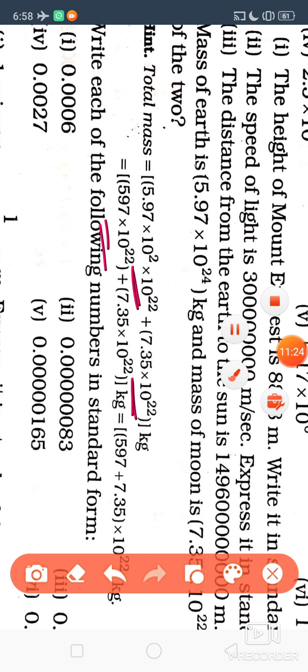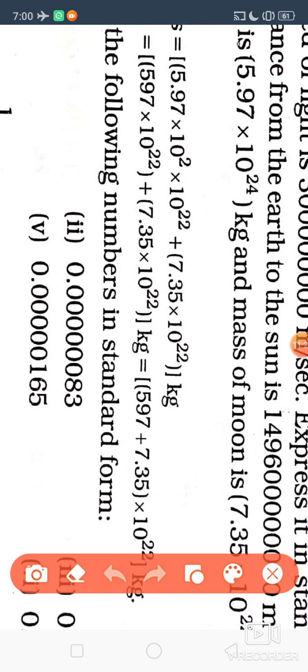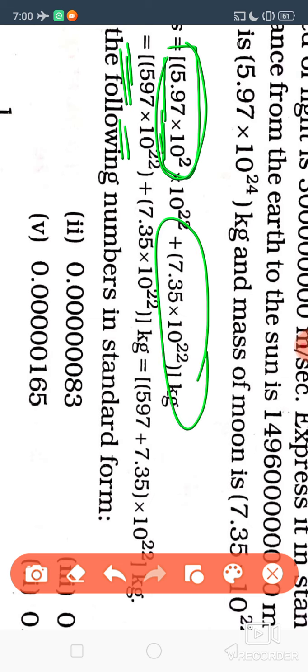Let me do it. So 5.97 into 10 to the power 2: if we multiply this part, it becomes 597. Then into 10 to the power 22, so we have written into 10 to the power 22. Now this part is as it is, 7.35 into 10 to the power 22. Both these parts we have to add.